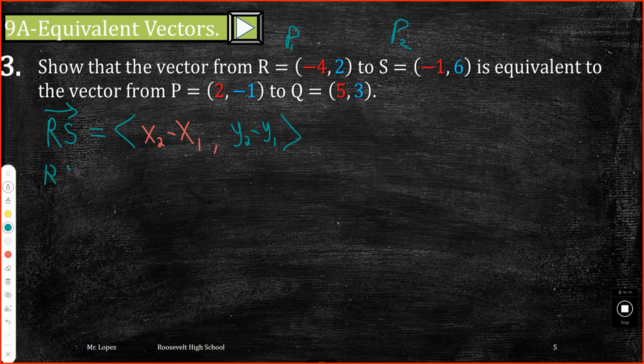Our -1, because that's the x of point 2. So -1 minus -4. Y2 is 6 minus 2.